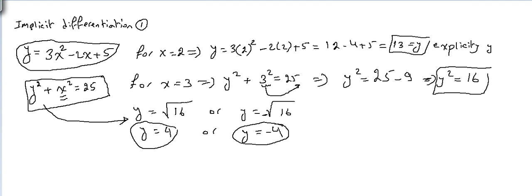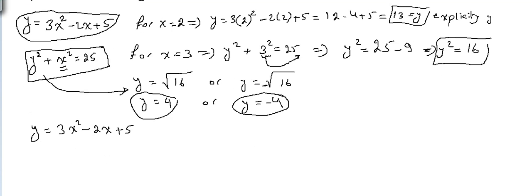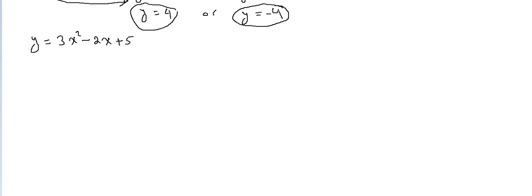Let's take that explicit equation and find its derivative. We did that at our schools many times, right? Explicit derivative is normal derivative. We have to find the derivative of y with respect to x, which is the derivative of 3x squared minus 2x plus 5 with respect to x.